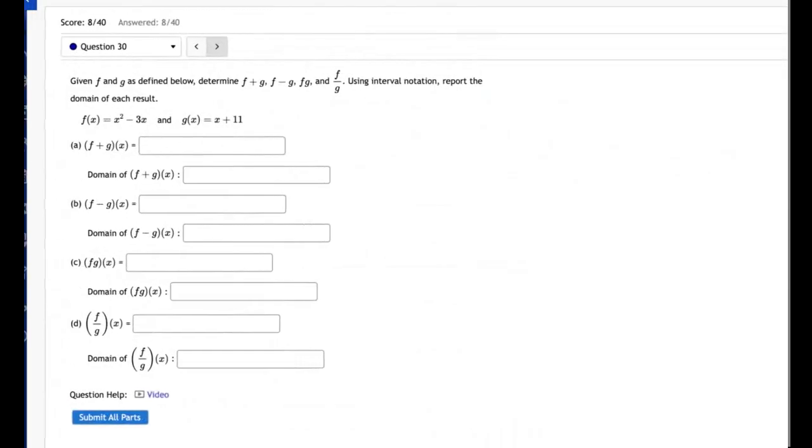All right, so number 30 says given f and g as defined below, determine f plus g, f minus g, f times g, f divided by g. Using interval notation, report the domain for each.